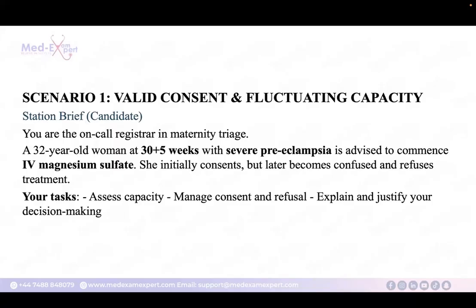She's 30 plus 5 weeks with severe preeclampsia and is advised to commence IV magnesium sulfate, as you do in these patients when they have severe preeclampsia, to prevent the risk of going into full eclamptic fits. She initially consents, but later becomes confused and refuses treatment. Your task is to assess her capacity, manage consent and refusal, explain and justify your decision making.